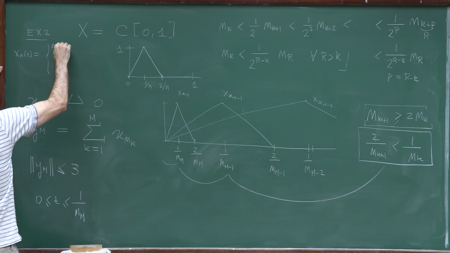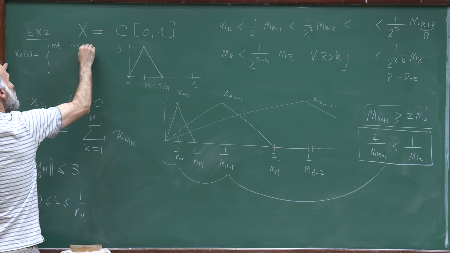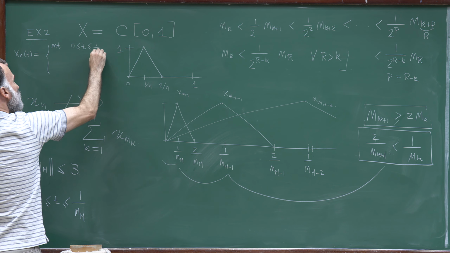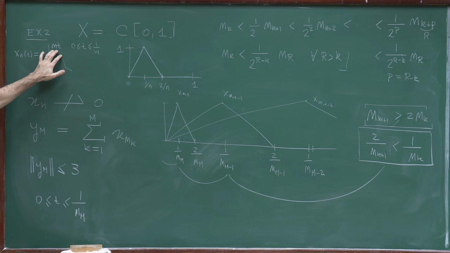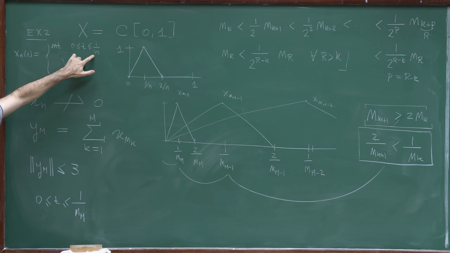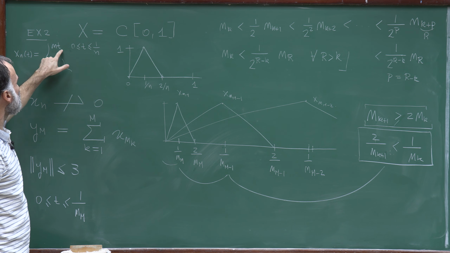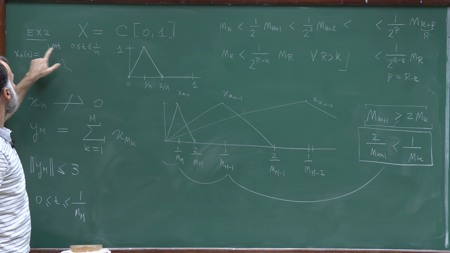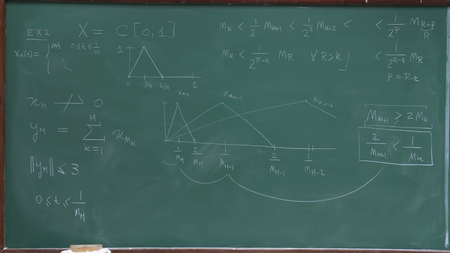This was n t for t between 0 and 1 over n. I won't use the other definitions, so let me just keep this one. So between 0 and 1 over n, x n t is n times t, so that at 1 over n, x n is indeed equal to 1.